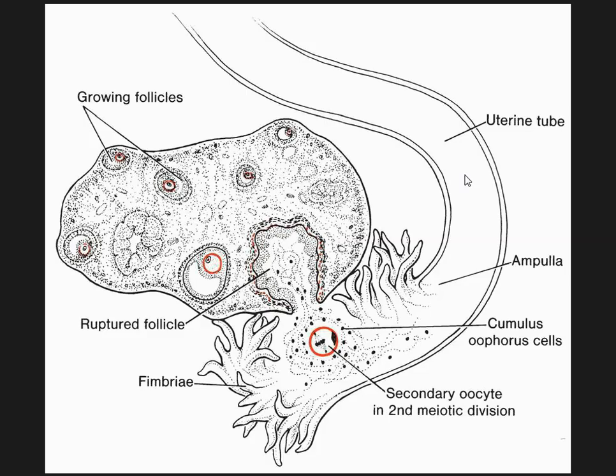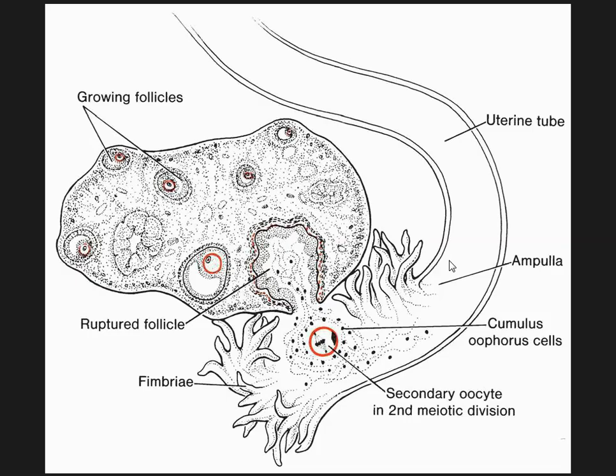And shortly before ovulation, the fimbriae of the uterine tube sweep over the surface of the ovary, and the tube itself begins to contract rhythmically. It's thought that the oocyte, surrounded by some granulosa cells, is carried into the tube by this sweeping movement of the fimbriae and by the motion of the cilia in the epithelial lining.